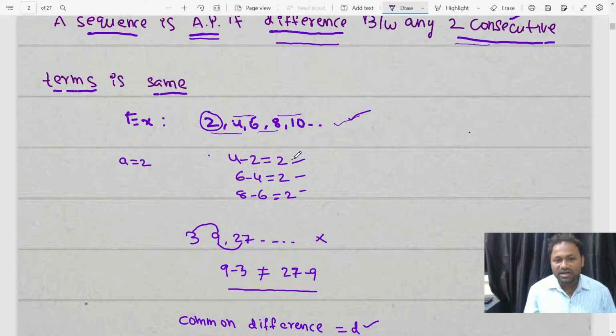The common difference is 2, 2, 2, so we write D is equal to 2. Here the first term is 2 and the common difference is 2.